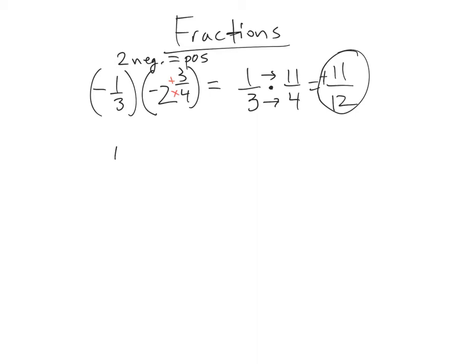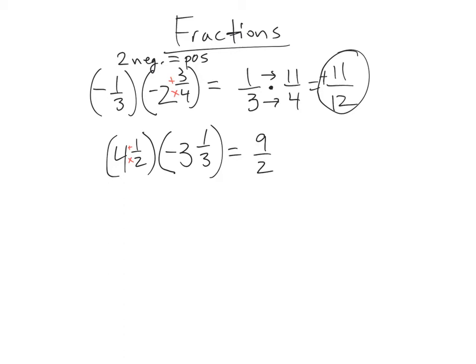All right, so what if we have, let's try another one. Let's do 4 1/2 times -3 1/3. Right off the bat we have one negative, so our answer will be negative because only one of these two numbers is negative. Now I do need to change these both to improper fractions. 2 times 4 is 8 plus 1 is 9, so we end up with 9/2.